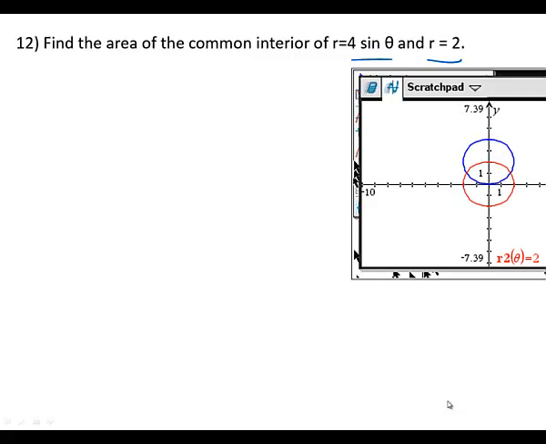Okay, we ready? So it wants us to find the area of the common interior. So we're basically looking for the area of this whole thing, but couldn't I just do half of it and multiply by 2? So if I do half of it, I know I'm going to multiply everything by 2 in the end. What would we guess, educated guess, that radian measure is?